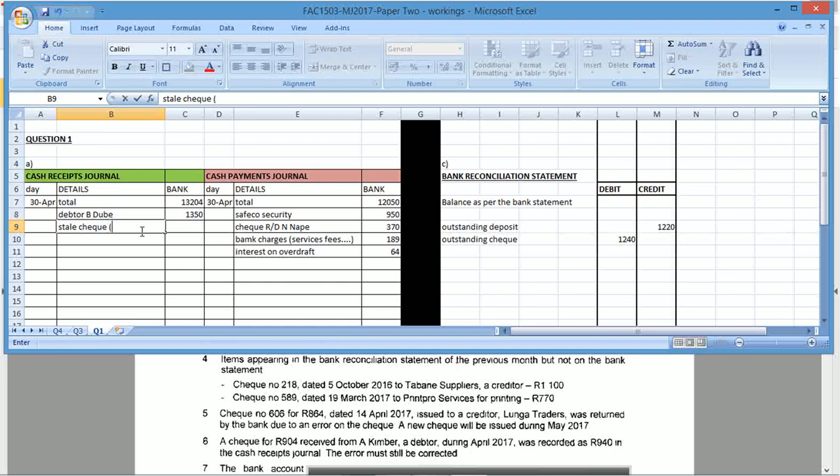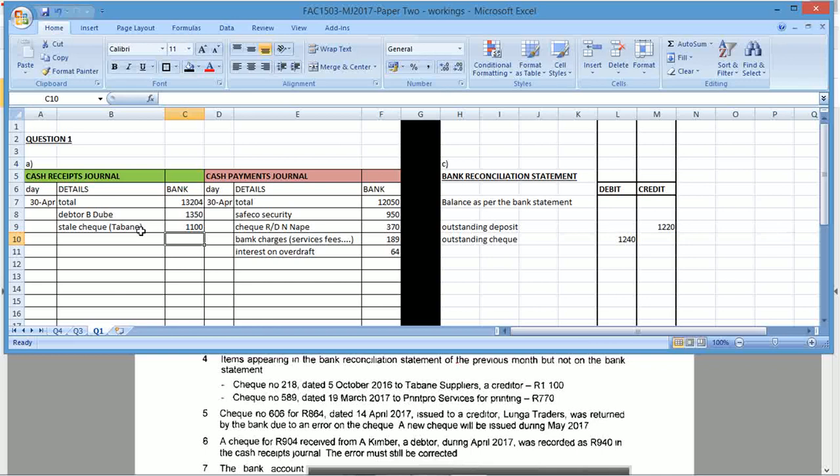Stale check, brackets, the amount here was 1100. Yeah, this was from Tabani. Then you had check number 589 dated 19 March 2017.